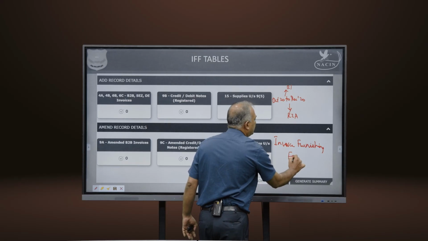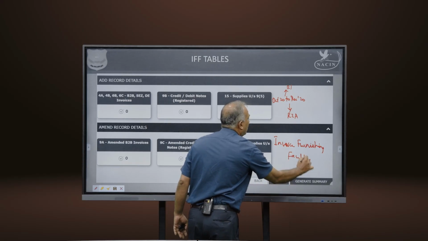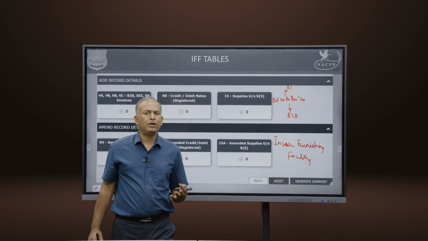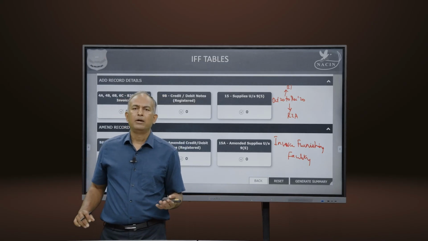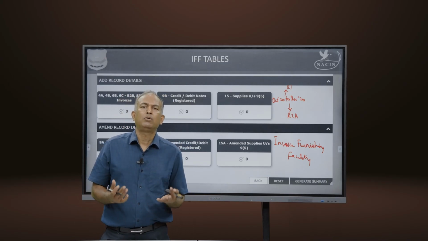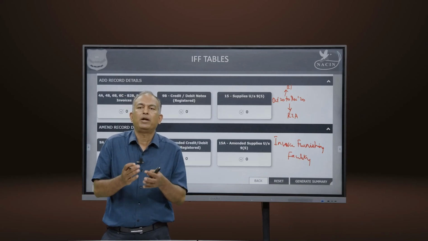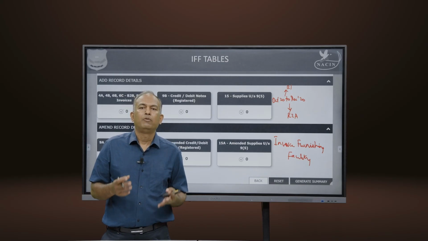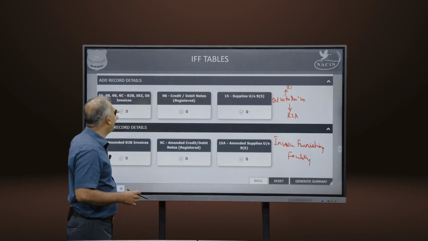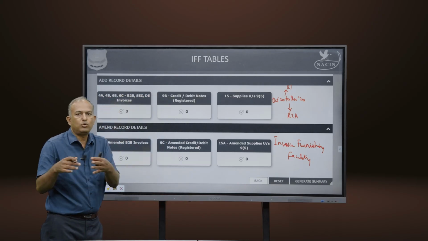Invoice furnishing facility. Now, what is an invoice furnishing facility? It means that instead of filing the GSTR 1 on a monthly basis, you take out only those tables which are supplies to a registered person. Which are those tables? Those tables will be 4A, 4B, 6B, 6C. Those are to a registered person.